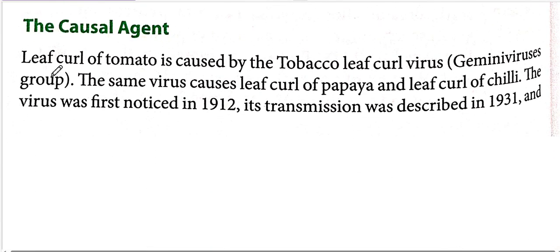The causal agent: leaf curl of tomato is caused by the tobacco leaf curl virus, a Gemini virus group. The same virus causes leaf curl of papaya and leaf curl of chili.